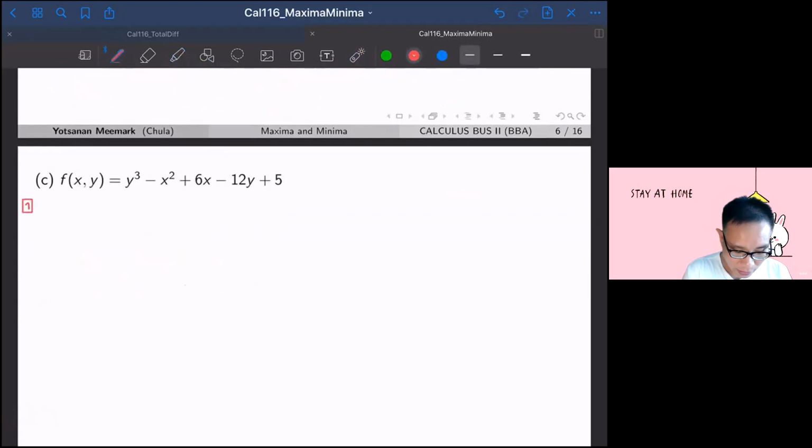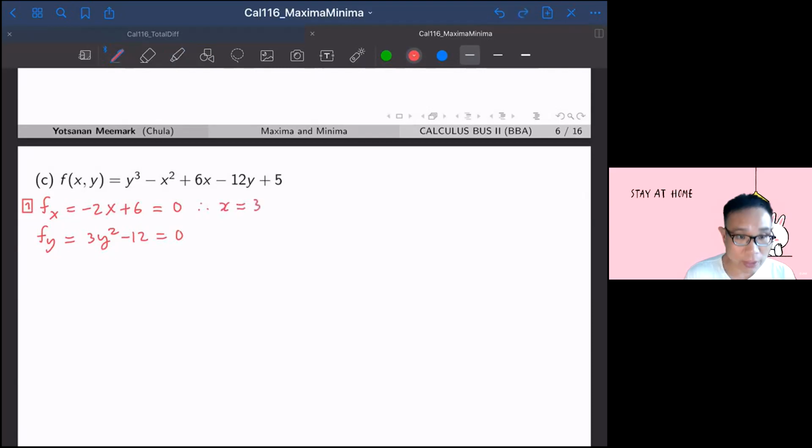you're gonna have fx. Okay, so you have fx equal to negative 2x plus 6 and fy equal to 3y squared, derivative with respect to y, minus 12, equal to 0 like this. So you would get x equal to 3.